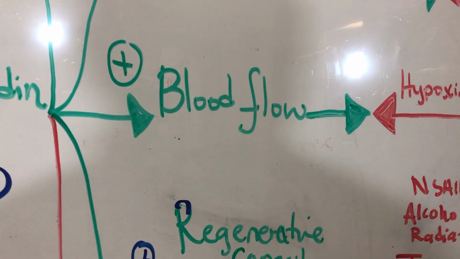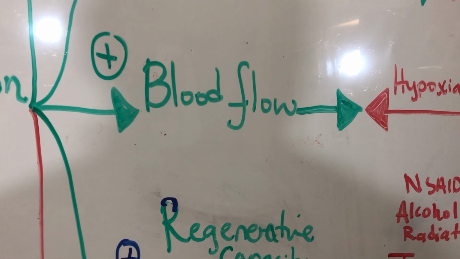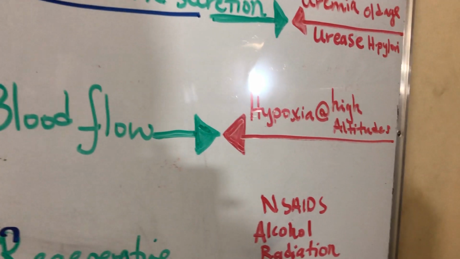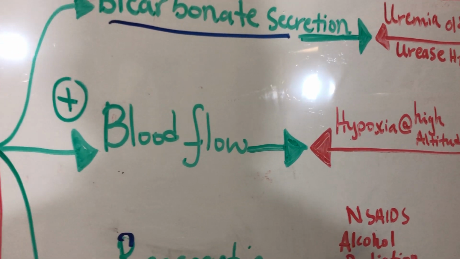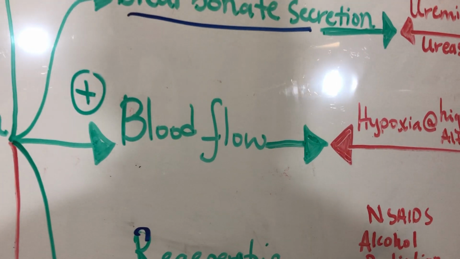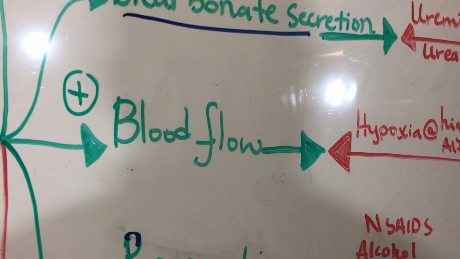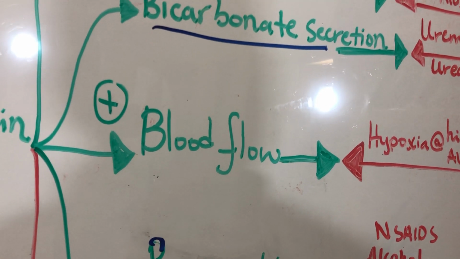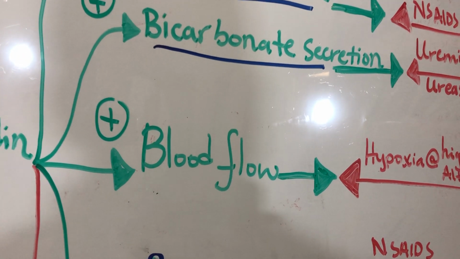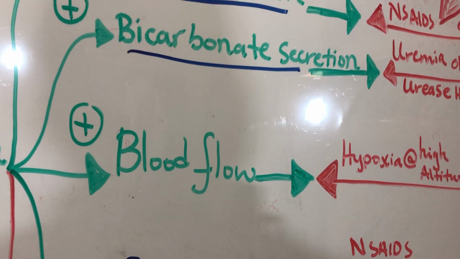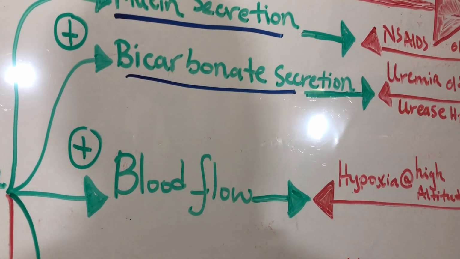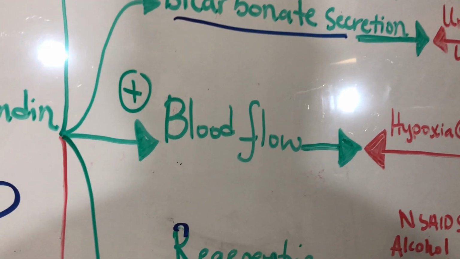And the blood flow, any factor affecting blood flow, like for example hypoxia, people who go to high altitudes and there is less oxygen, and sometimes in traumas where there is shock and there is not enough perfusion and not enough oxygen, the stomach will be affected and it will not be able to generate mucus and empower that mucus layer of our stomach, leading to a weakened mucus layer, and that will make it vulnerable to ulcer or gastritis.